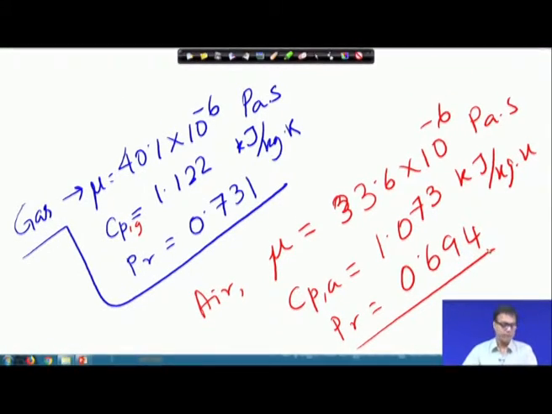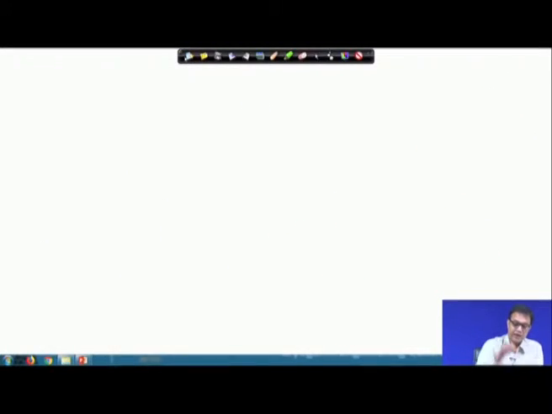Based on these values we would now be able to calculate the gas velocity, or the mass velocity for the gas side. G_g equals m dot g divided by A free flow area for the gas side.